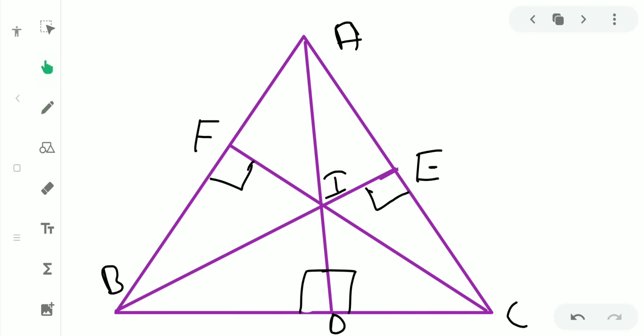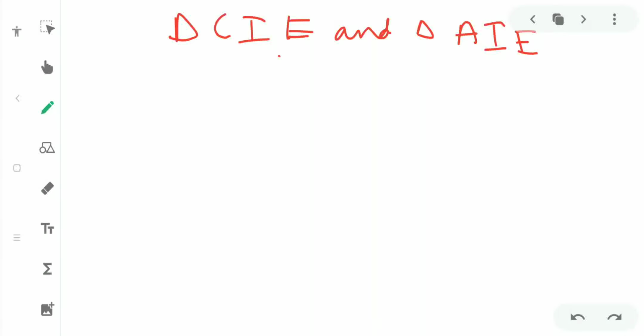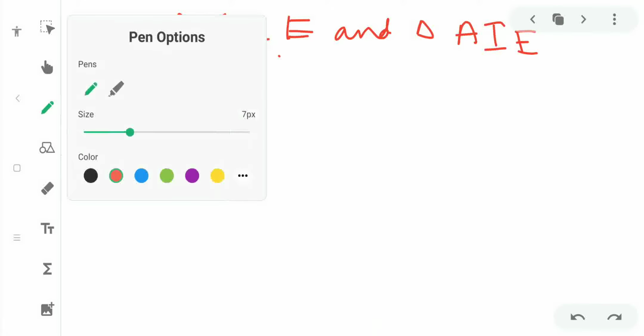So first, what do we have? We have again as the same, we have 90 degree, as it is 90 degree here also it will be 90 degree. So angle CEI is equal to angle AEI. I'll be writing it in black.